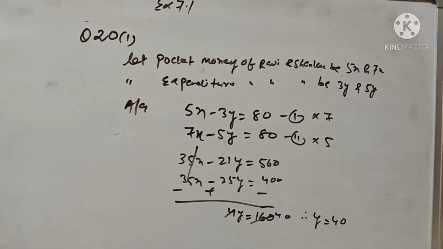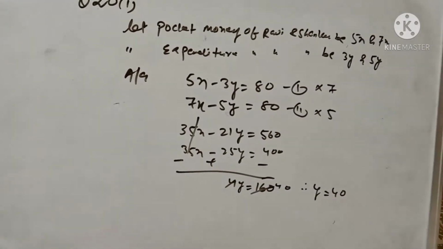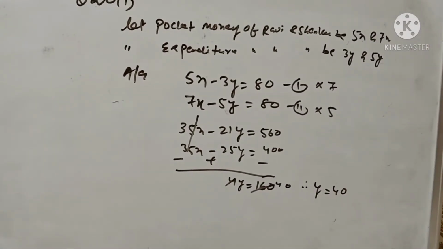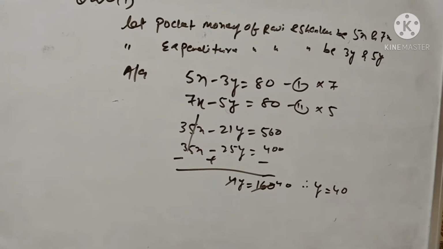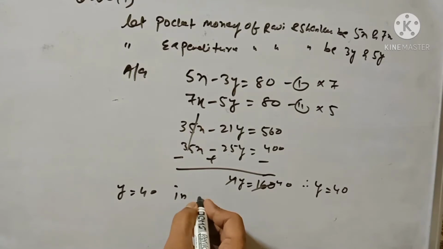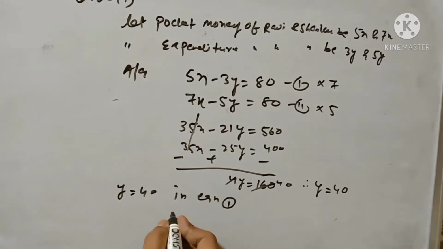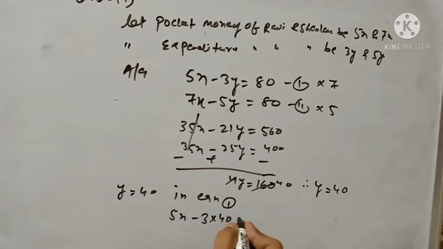Now put this y equal to 40 in any equation, you will get the value of x. So y equal to 40 in equation 1. So it will come 5x minus 3 into 40 is equal to 80.